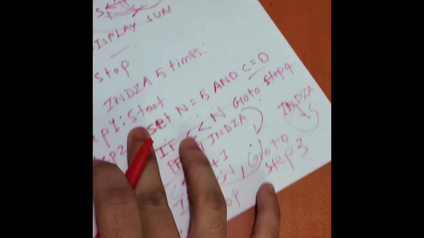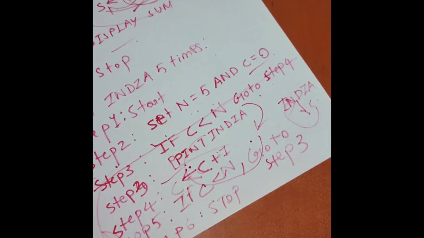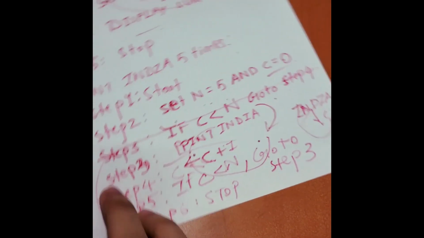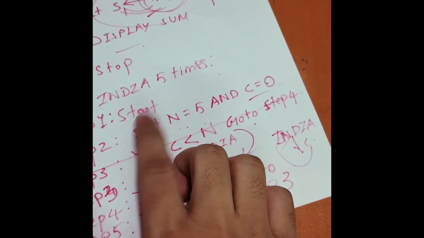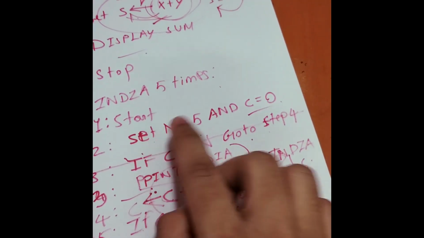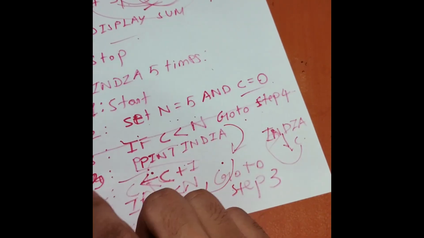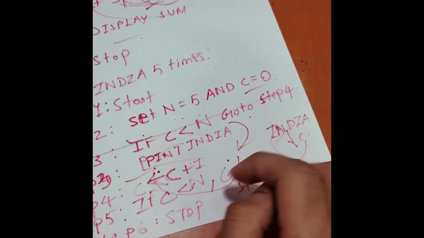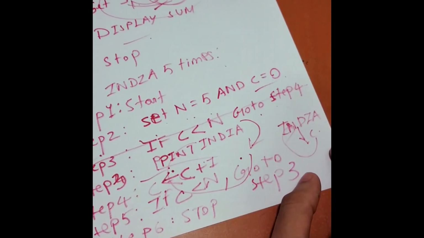So here's the end of this algorithm. Let me dry run this algorithm, to see what it's doing. Firstly, start. I have set N value equal to 5, C value equal to 0. Done. Step 3, print India. When C was equal to 0, India is printed.